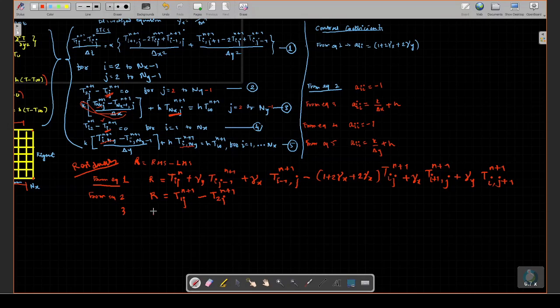From equation number 3, the residual is equal to H T infinity n plus 1 minus H T nx j n plus 1 minus K delta x times T nx j n plus 1 minus T nx minus 1 comma j.